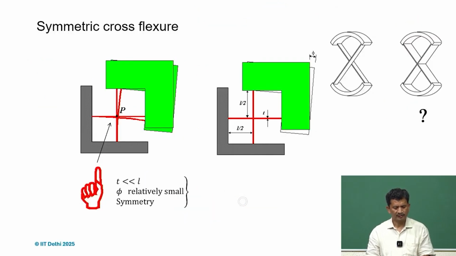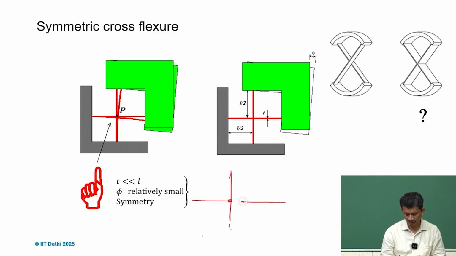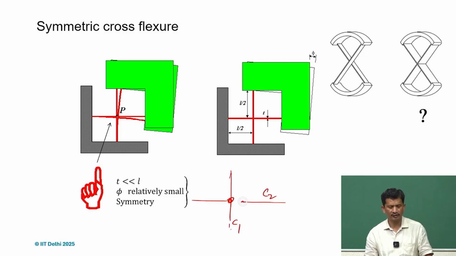But what happens if we let them cross? If we follow the same principle with two constraints C1 and C2, this intersection point will give you the instantaneous axis of rotation, that is point P.